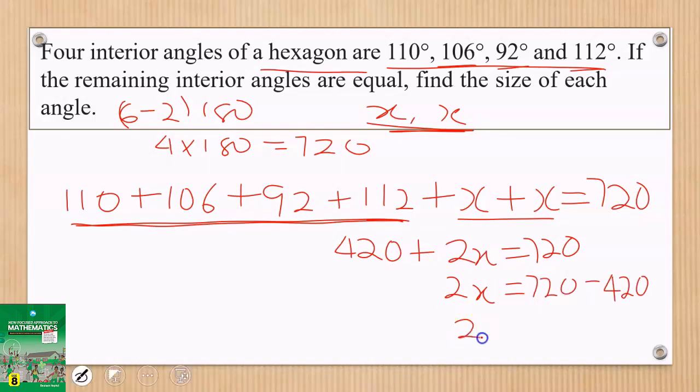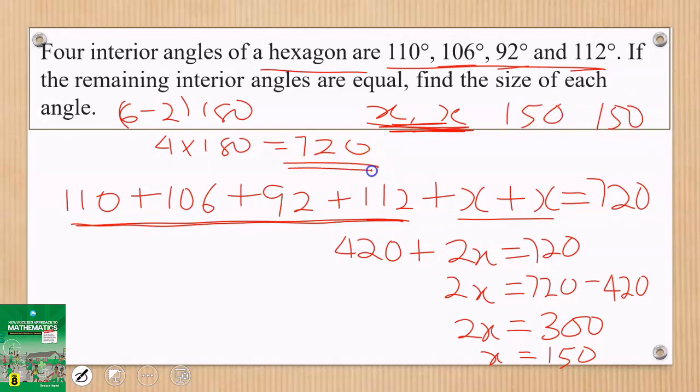Now when you do the subtraction well, you have 300. When you divide both sides by 2, then our x becomes 150 degrees. So these two values here will be 150 and 150. All together will give us the sum of the interior angles being equal to 720.